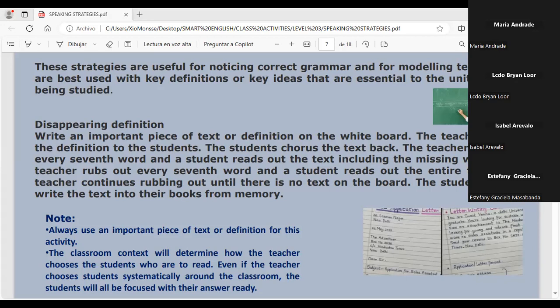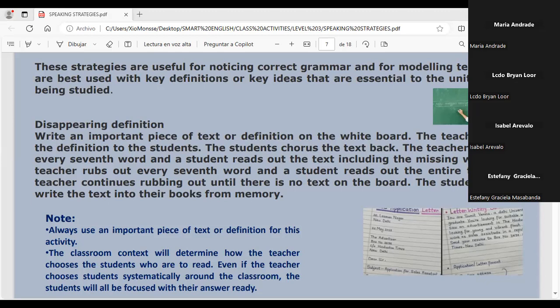Then the teacher erases or rubs out certain words. Maybe in that part say 7. Maybe, according to the level that you think your students have, obviously you can erase maybe 3 or 4 words in that text, right?